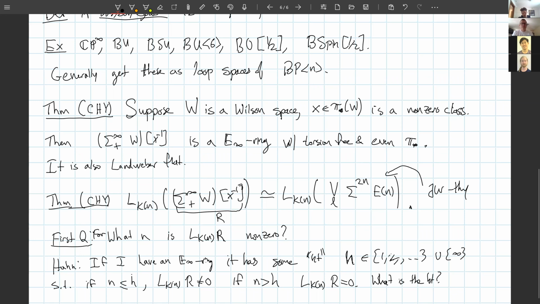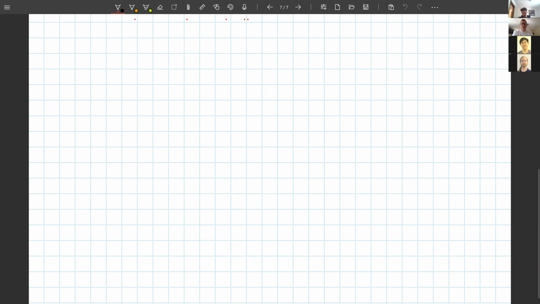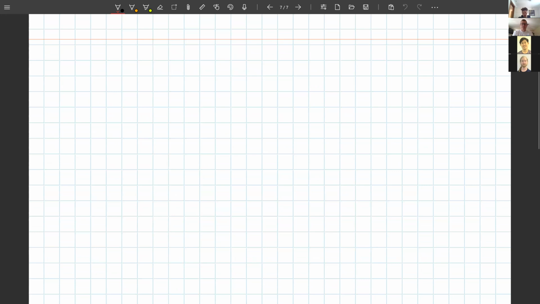Okay, I guess I need a new page. Now we're going to specialize to a particular set of rings. So I'm just going to write down a particular Wilson space. We have this notation V of n, which is fairly standard for Wilson spaces.